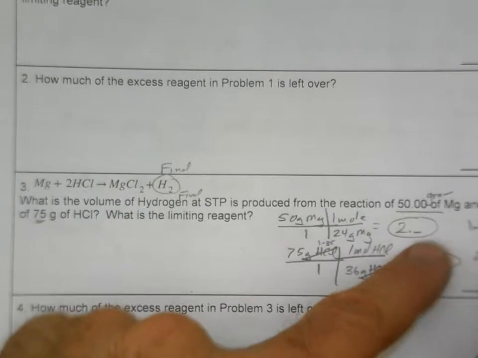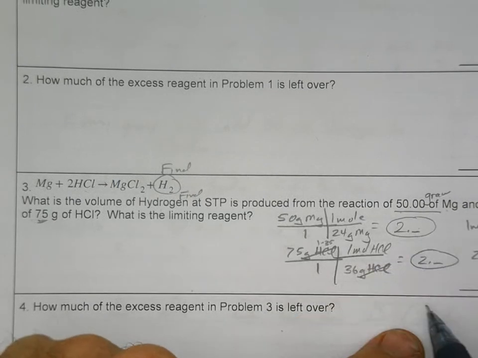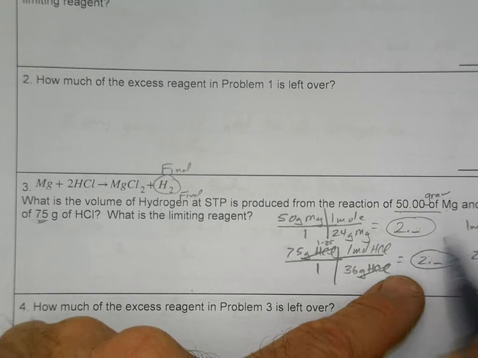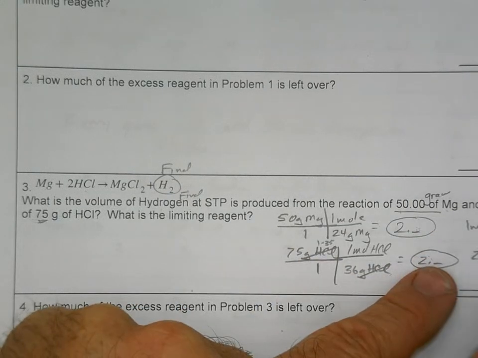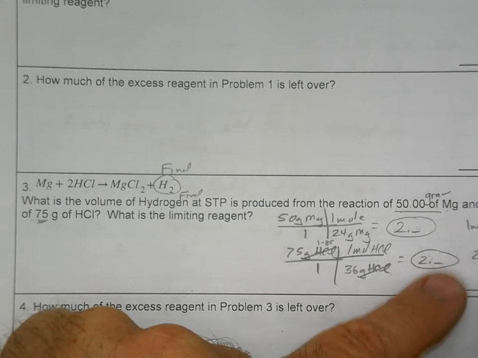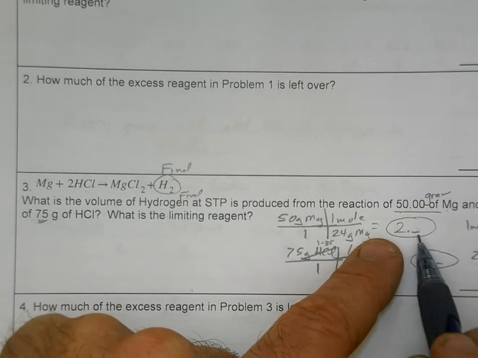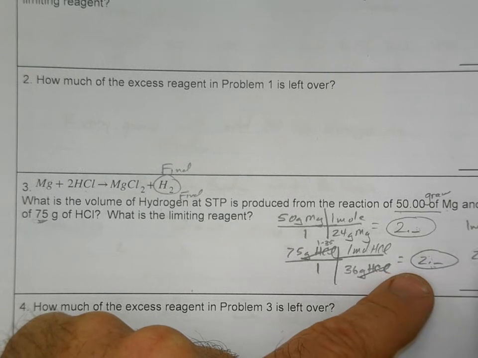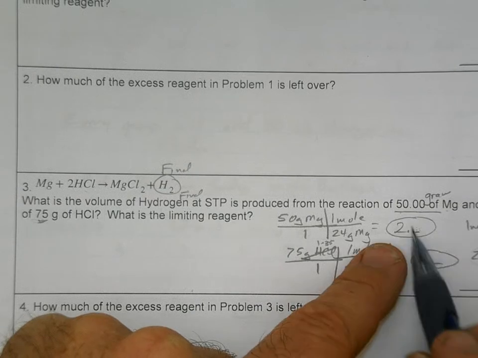Now here's what we've got: a little over 2 moles of each. So we have the same amount of moles of each. But in order for the reaction to go nice and smooth, we need twice as much hydrochloric acid as magnesium, and we don't have that. We've got 2 moles of magnesium and about 2 moles of HCl. HCl turns out to be our limiting reagent because we would need twice as much in order to use up all of the magnesium.